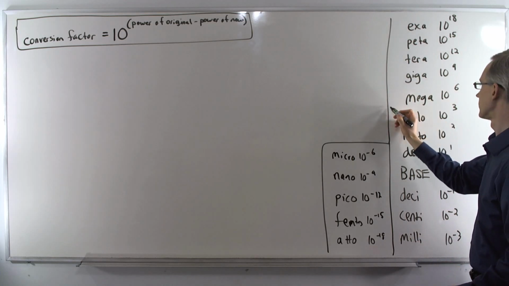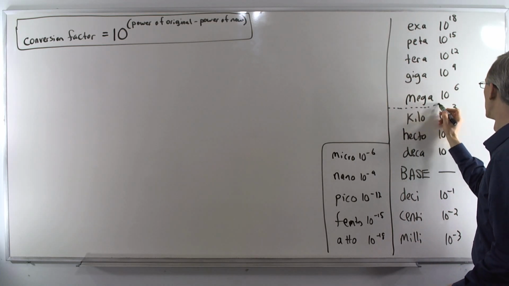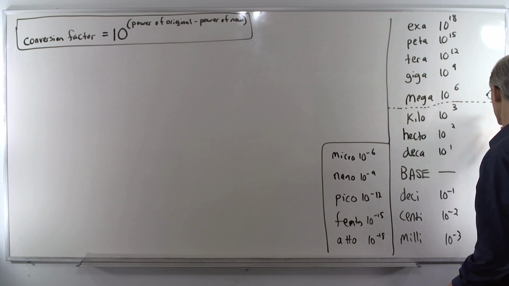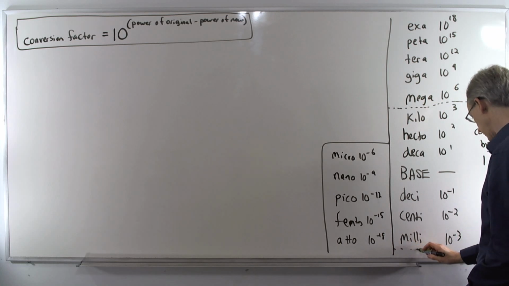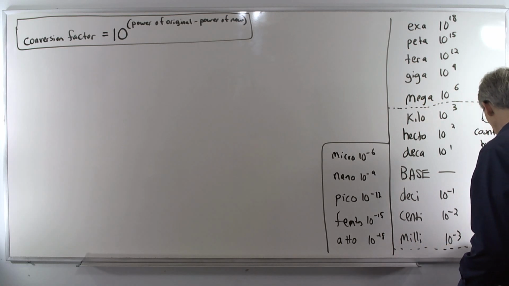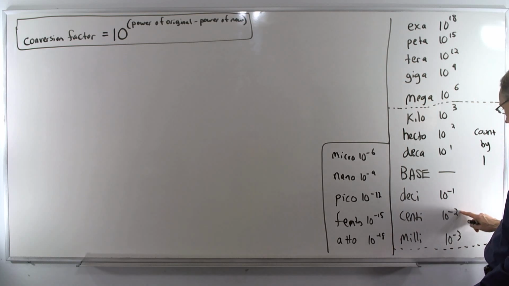So this is where we're counting by ones, all the way down to here. That is because with these units, they all change by a power of 1.